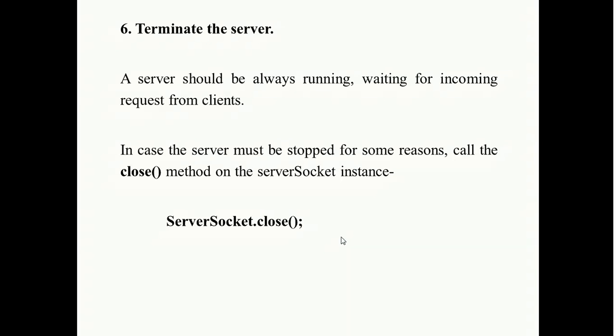Second, listen for the connection using the accept method. Third, read the data from the client via the input stream. Fourth, send the data to the client via the output stream. Fifth, close the connection with the client, and sixth, terminate the server.